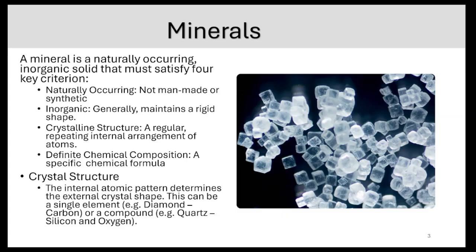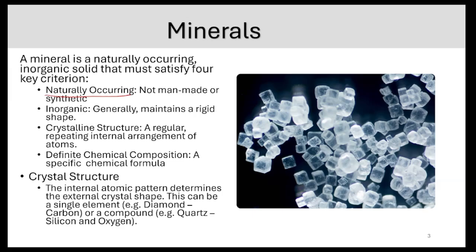Before we start talking about rocks, first let's define what a mineral is. For something to be classified as a mineral, it must meet a few criteria. First, it must be naturally occurring.